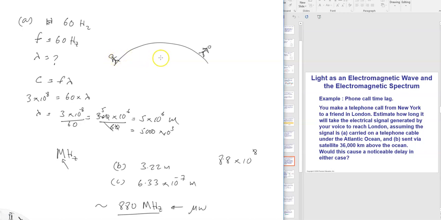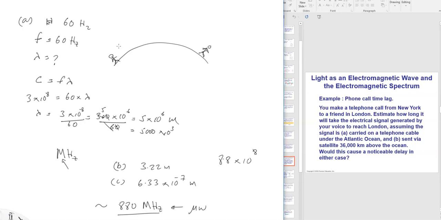Estimate how long it will take for the electrical signal generated by your voice to reach London. So when you speak into the phone, your voice signal, that's a sound signal, gets picked up by the microphone, converts into an electrical signal, gets amplified, gets into a circuit that converts it into a signal that can be transmitted. So that electrical signal becomes an electromagnetic radiation.